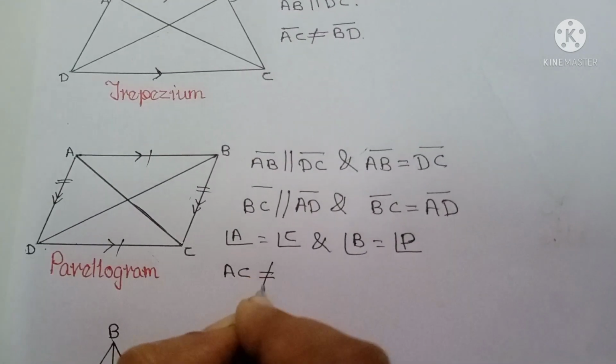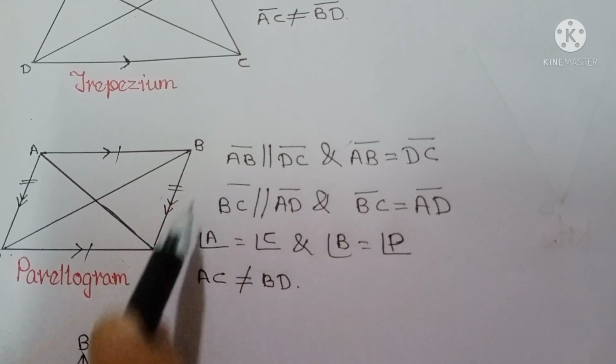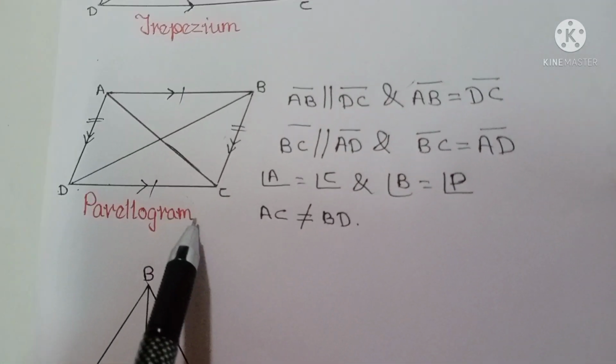AC is not equal to BD. These are basic properties of a parallelogram.